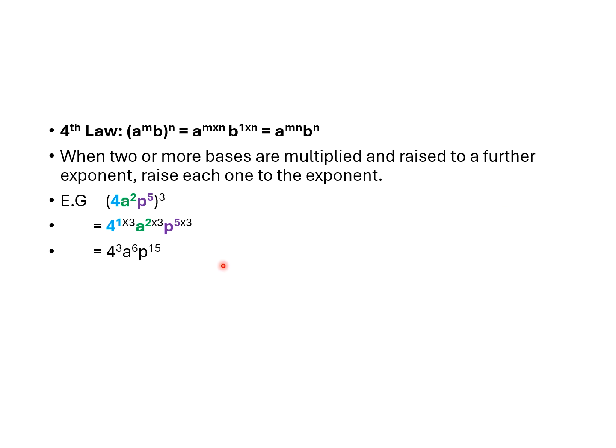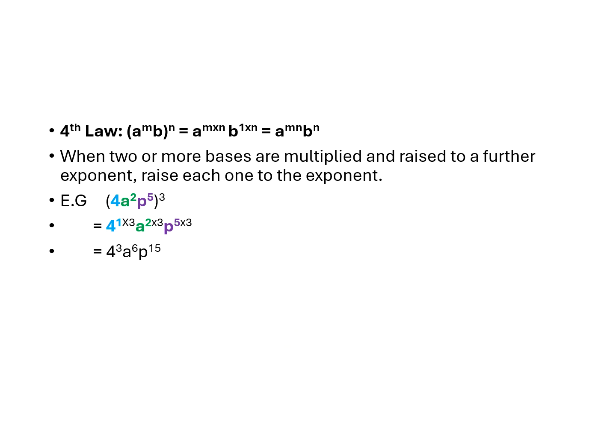So with the invisible 1, 4 to the power 1, a to the power 2, p to the power 5, all to the power 3: 1 times 3, 2 times 3, and 5 times 3 gives me 4 to the power 3, a to the power 6, and p to the power 15. So that is your basic 4 laws of exponents.